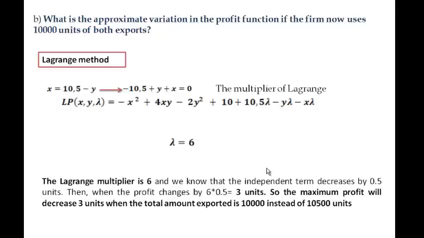That is to say, if we increase the independent term by 1 unit, the objective function, the profit function, increases by 6 units. As in this case the independent term decreases by 0.5 units, the objective function changes by 3 units.